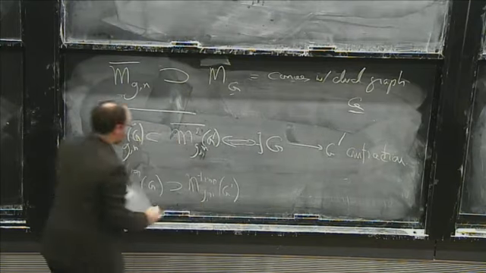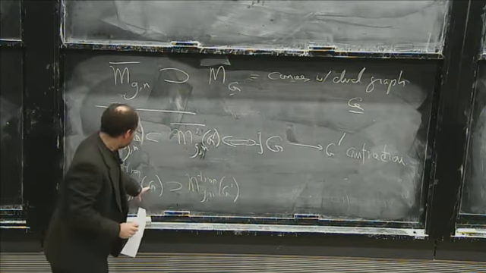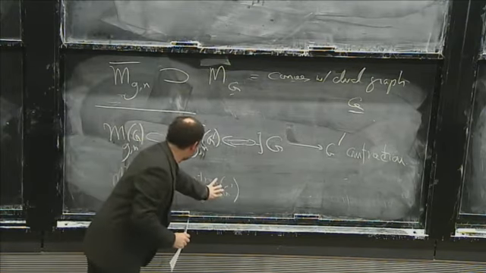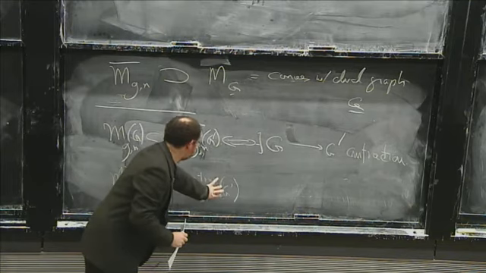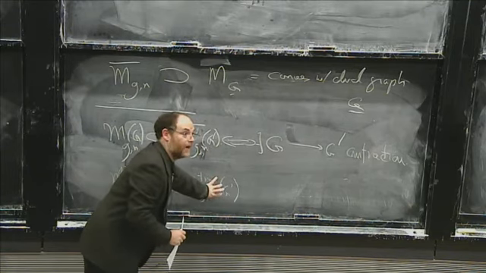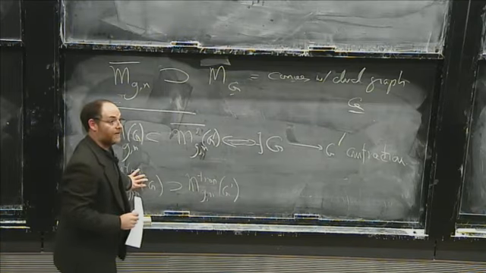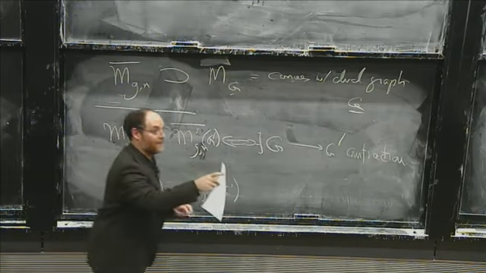So if g prime is a contraction of g, then in that construction, the closed moduli space where I have the graph G prime is contained in the closed moduli space of the graph corresponding to G. That's what confused you before.